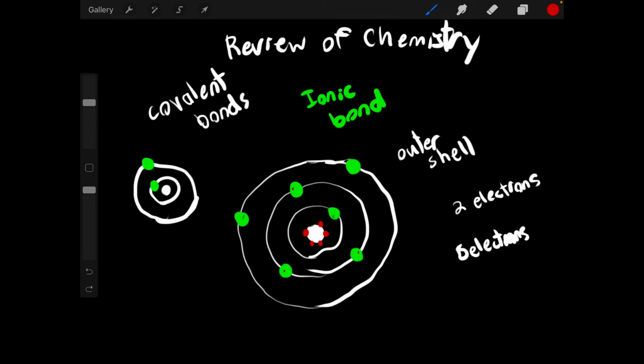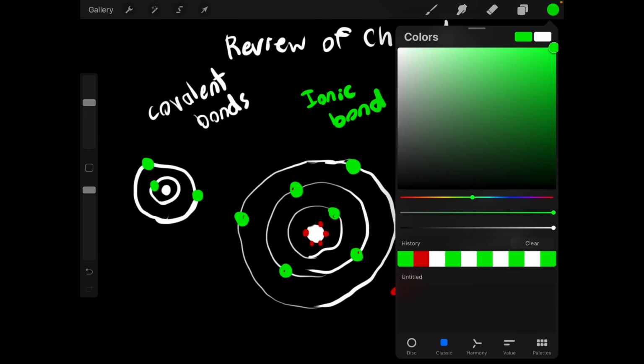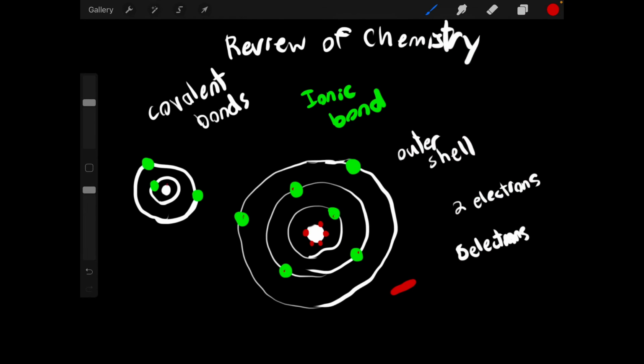So now it's not balanced because protons and electrons ideally should always have the same amount. Originally there were 5 protons and 5 electrons, but now we have an extra electron. So this atom is called negatively charged. And same thing with this one. This atom over here that used to have 2 in its outer shell and 1 over here had 3 protons, because 1, 2, 3, right?